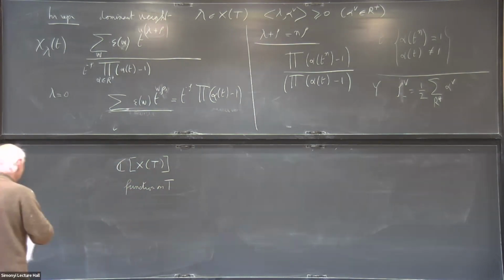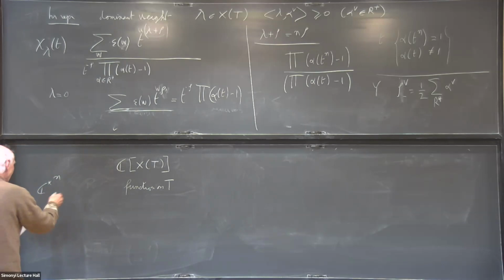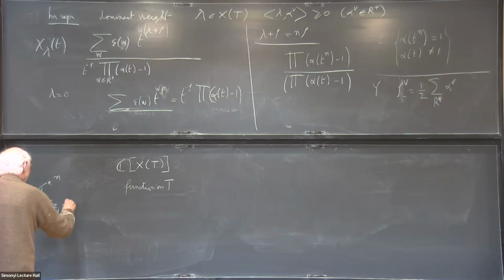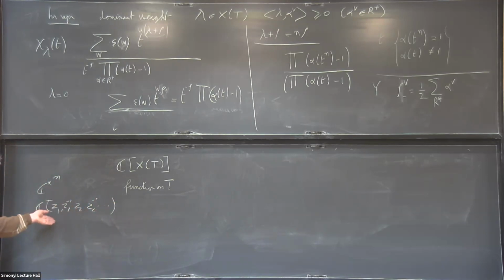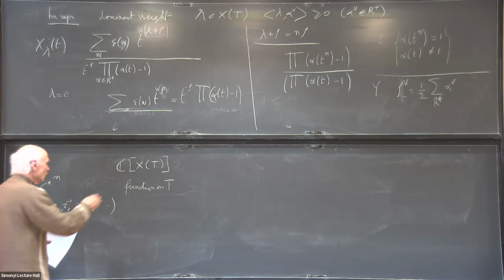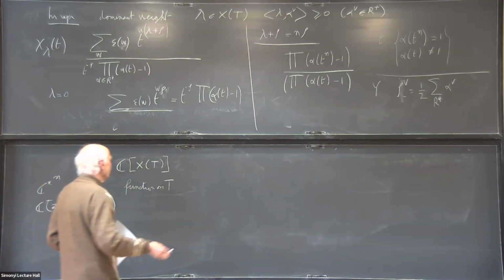I am just saying that on something like C star to the n, the algebraic functions I want to consider come from the Laurent polynomial algebra, and this is the group algebra of Z^n. So I have here functions on T.